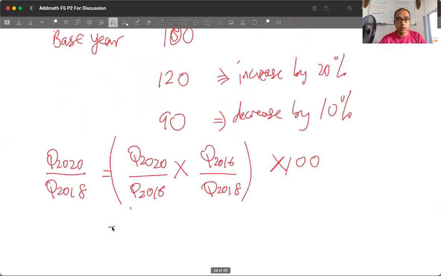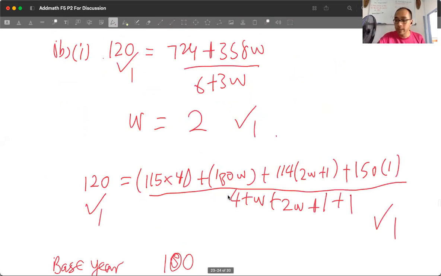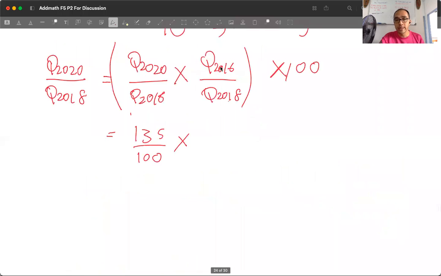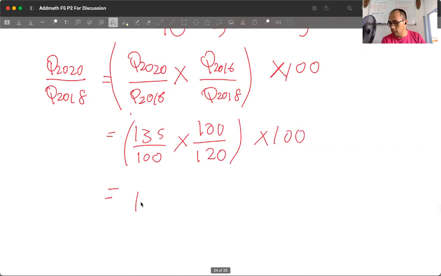So this is 135 over 100 times, okay, Q 2016 over Q 2018 sudah diberi sebenarnya, which is 120. But because 2016 di atas, so we're talking about 100 over 120. Then you times by 100. So you will get 112.5.